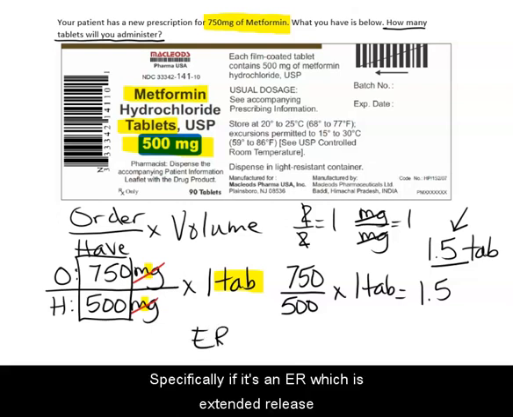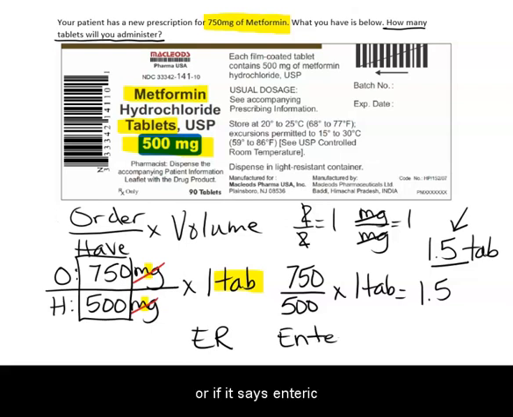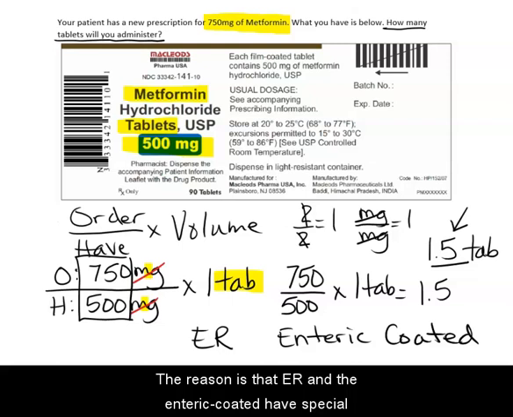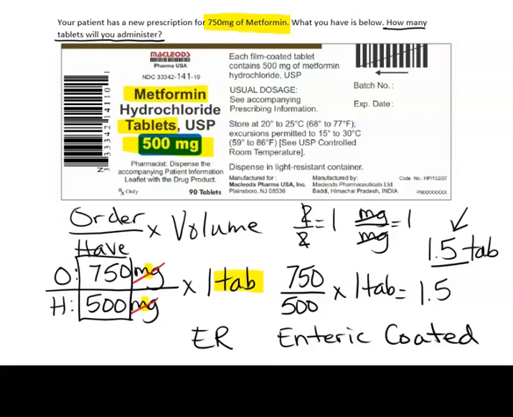Specifically, if it's an ER, which is extended release, or if it says enteric coated, are the main ones you're going to see. Now the reason is that ER and that enteric coated have special coatings on the outside of that pill. The ER is to make it so that the medicine is slowly released over time.